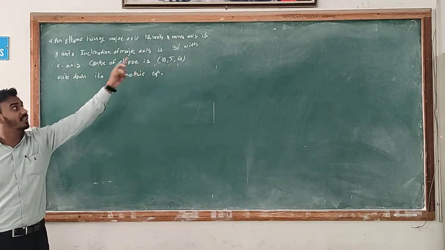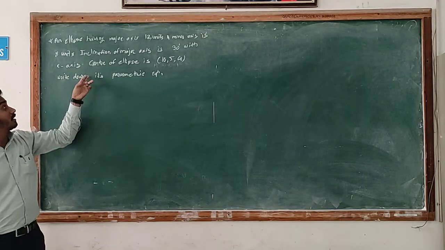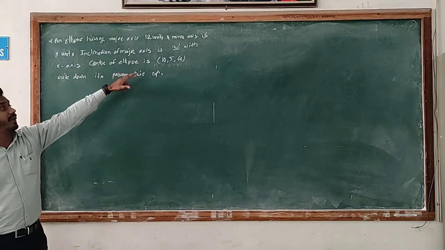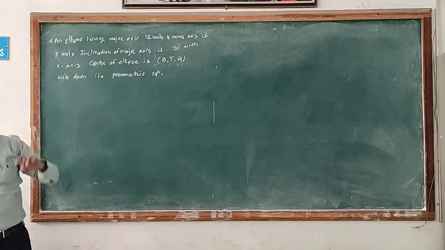The inclination of the major axis is 30 degrees with the x-axis. The center of the ellipse is (10, 5, 4). Write down the parametric equation of the ellipse.